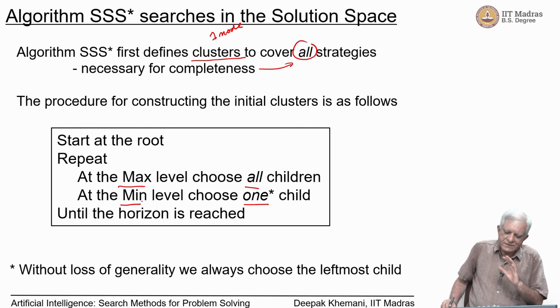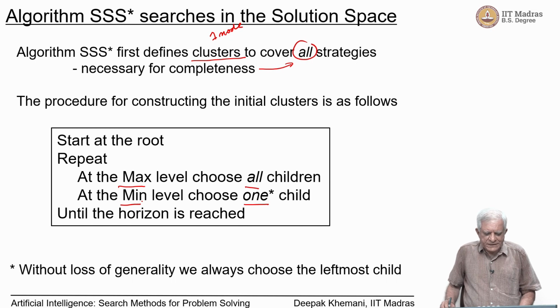So, there should not be any confusion between these two things. What we are looking for here is a set of clusters which will cover all strategies, and because we want to cover all strategies, at every max level you must choose all nodes essentially, and at the min level we choose only one, because we just want an estimate, an upper bound on the value of the strategy.